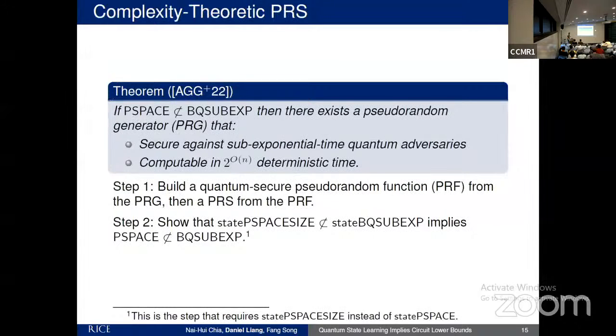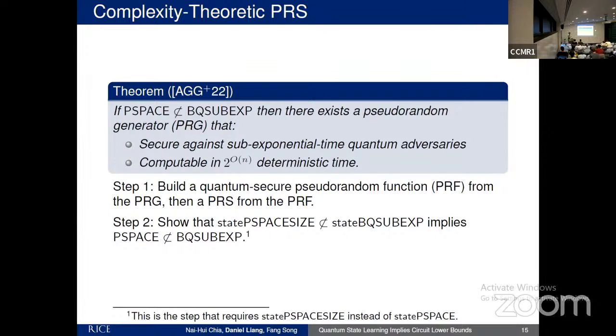So how do we actually build this PRS? Well, we basically rely on this great result by some of the audience members here, that if PSPACE is not contained in BQ sub x, then there exists a pseudorandom generator that has a very similar set of qualities to the pseudorandom state that we create.